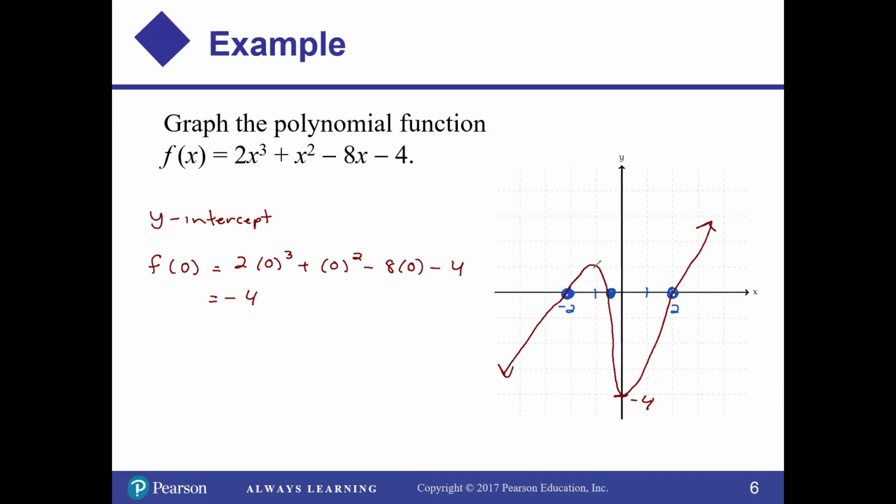We could find a few other points just to gauge where this might be. When we picked a point in this interval here, it was about at 3, I believe. So another point we did have when we were testing points is negative 1 and positive 3, sorry.